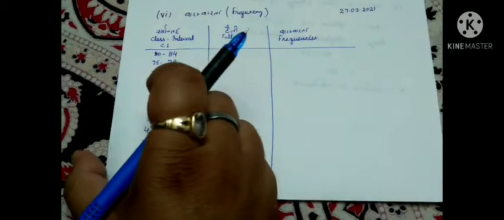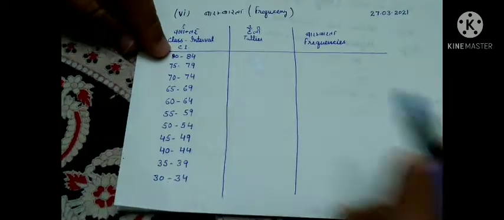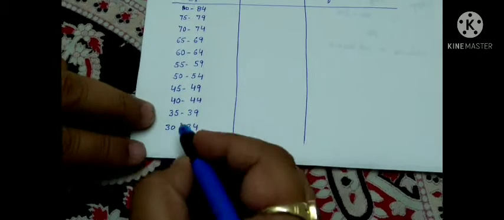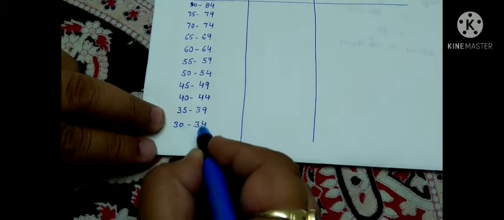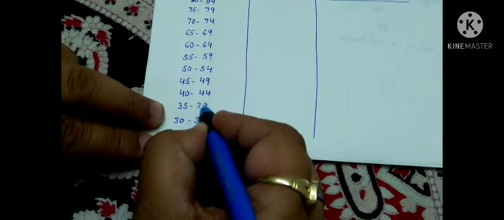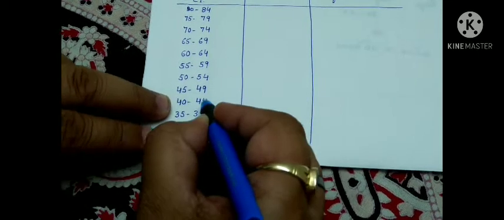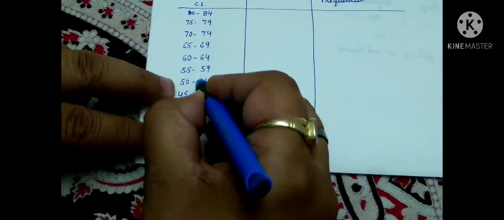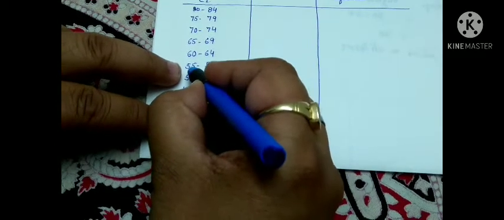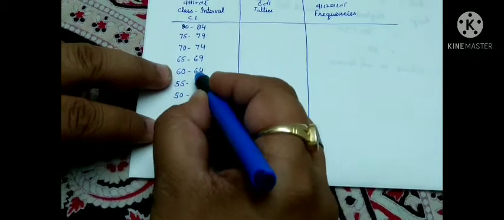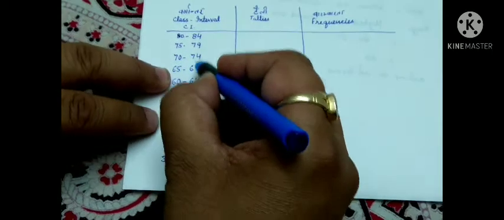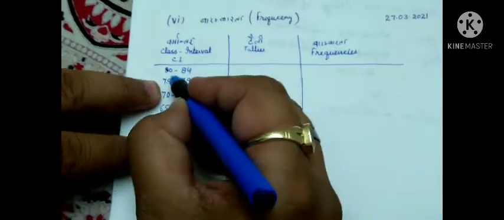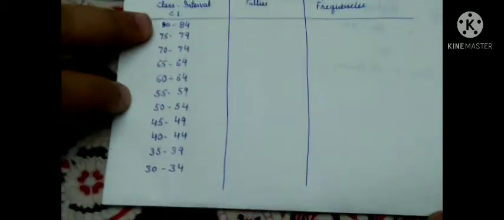The maximum marks secured is 80 and the minimum secured is 30. So the starting class interval is 30 to 34, thereafter 35 to 39, 40 to 44, 45 to 49, 50 to 54, 55 to 59, 60 to 64, 65 to 69, 70 to 74, 75 to 79, 80 to 84.